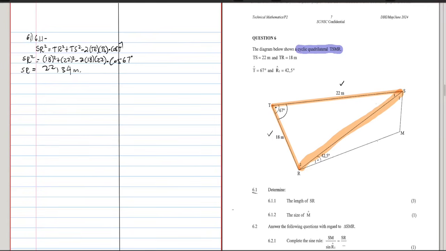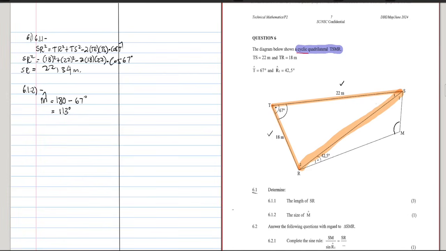Now they want us to calculate angle M for the next question. This is 6.1.2. So angle M is equal to 180 degrees minus 67 degrees, which is 113 degrees. Why are we doing this?